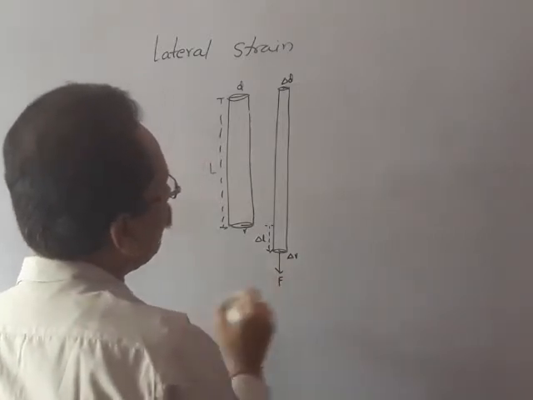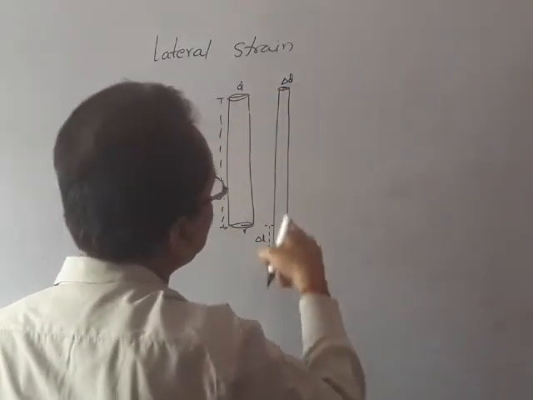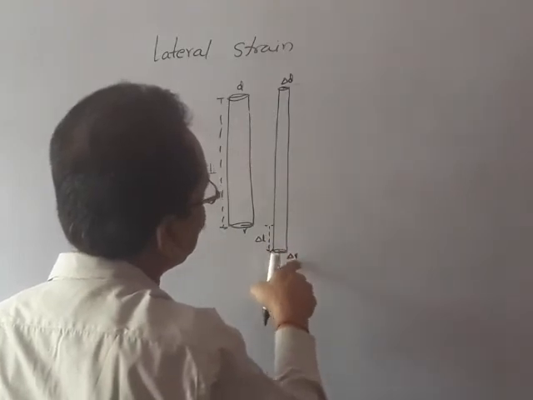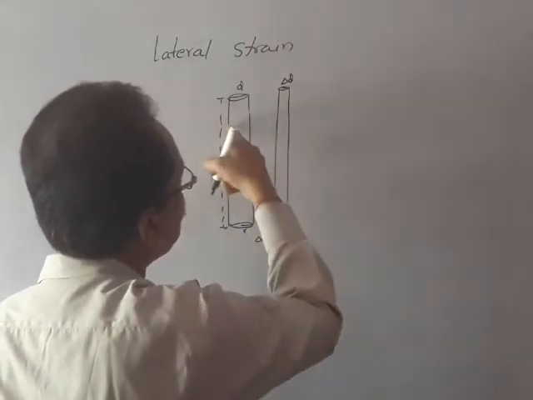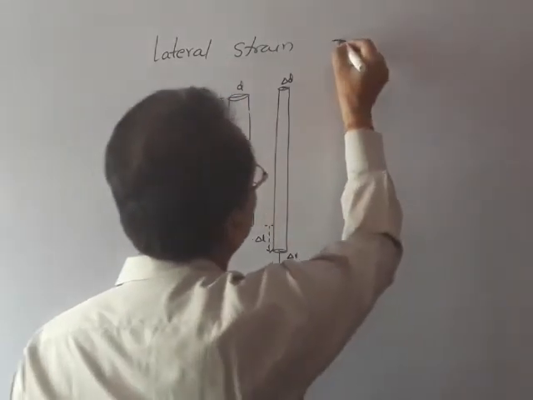Okay? So now the ratio of change in radius to original radius, or change in diameter to original diameter, is called lateral strain.